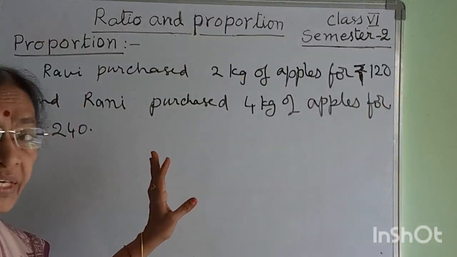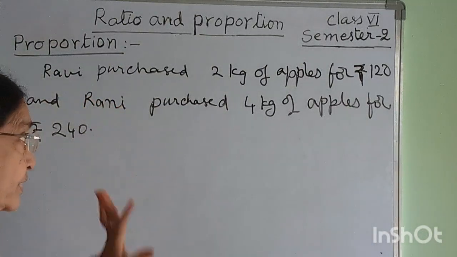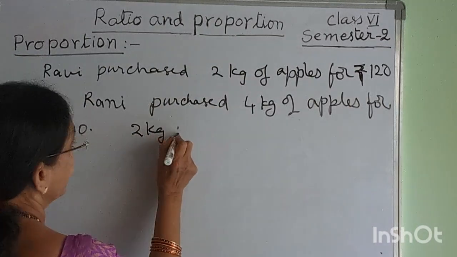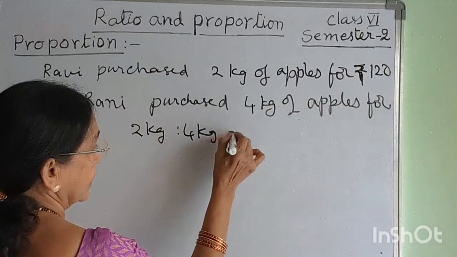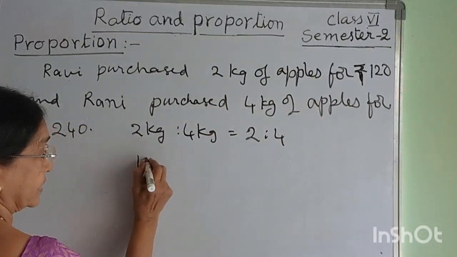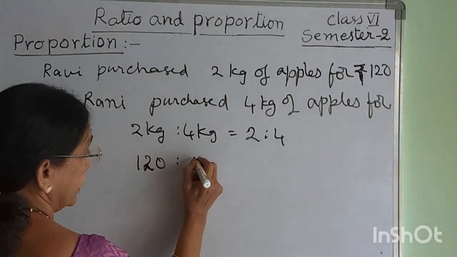The ratio of the weights of the apples Ravi and Rani purchased are 2 kilograms is to 4 kilograms. That is equal to 2:4. The ratio of the cost of the apples they purchased is rupees 120 is to rupees 240.